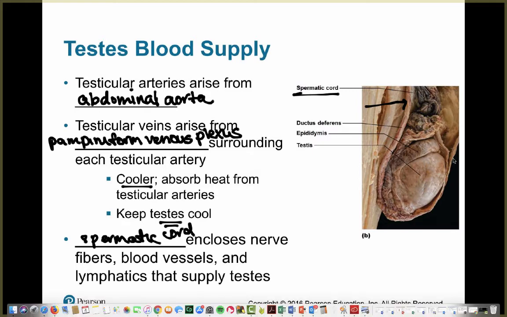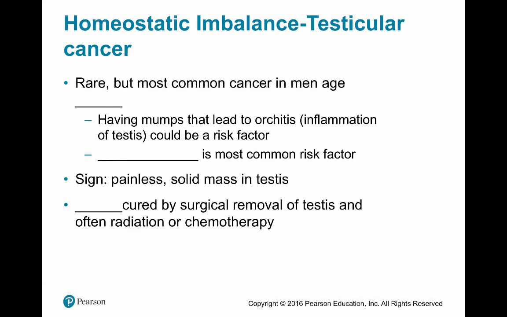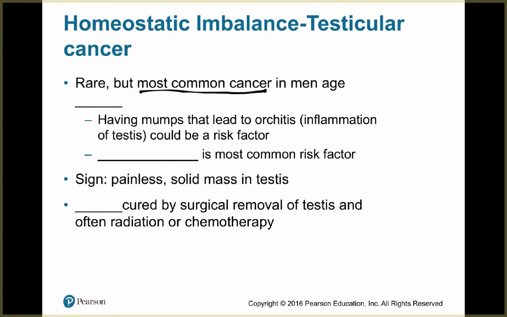Now let's talk a little bit about the homeostatic imbalances that can happen to the testes. It's rare, but testicular cancer is the most common cancer in men from the ages of 35 to 50. Having mumps that leads to orchitis, an inflammation of the testes, could be a risk factor.